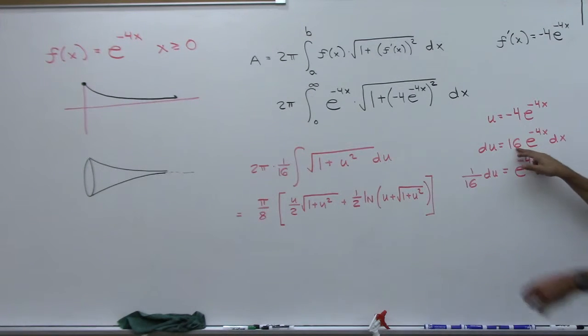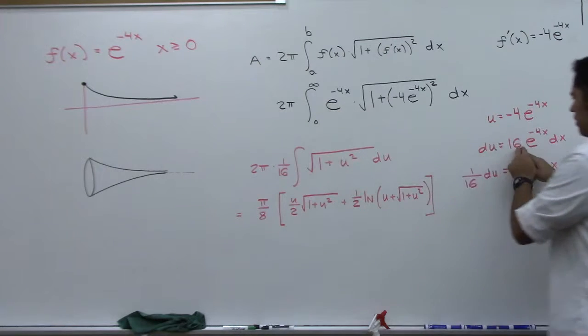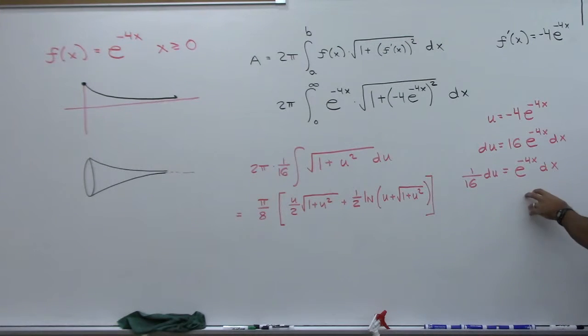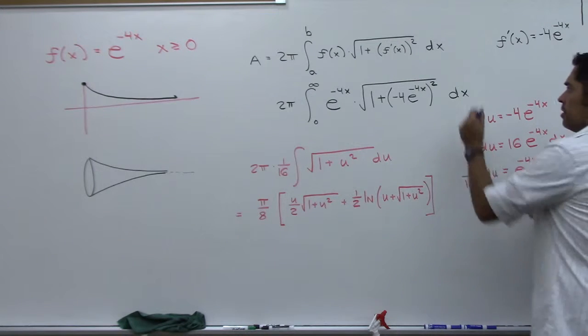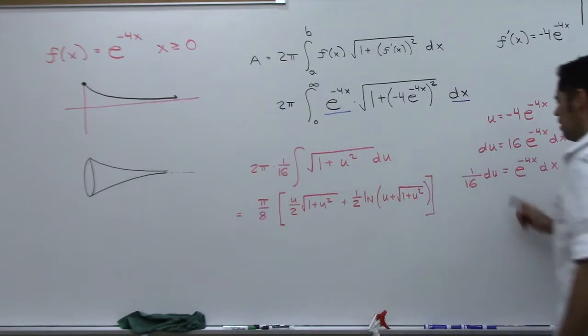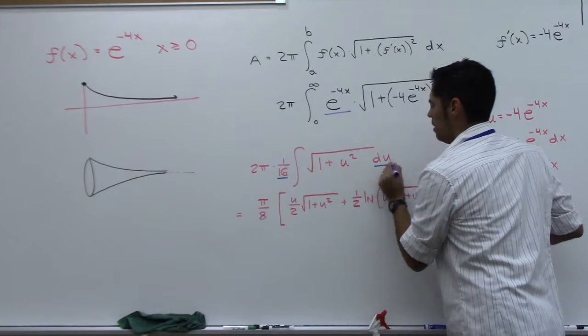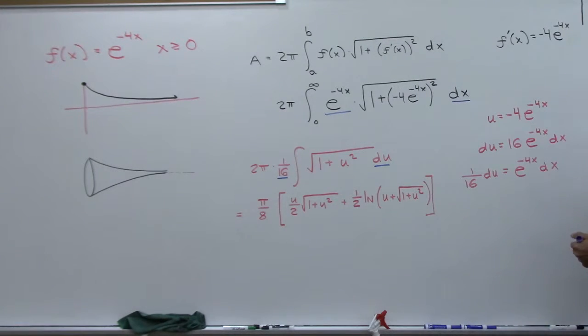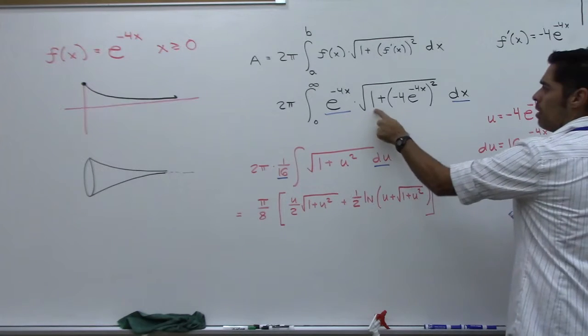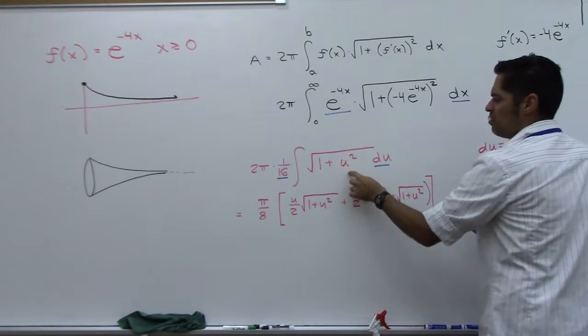I'm off by 16. You can see I don't have a 16 here, so I scale both sides by 16. And so I can replace e to the negative 4x dx, which is this piece and this piece, with 1/16 du, and that's right here. And then the rest of it, 1 plus u squared.